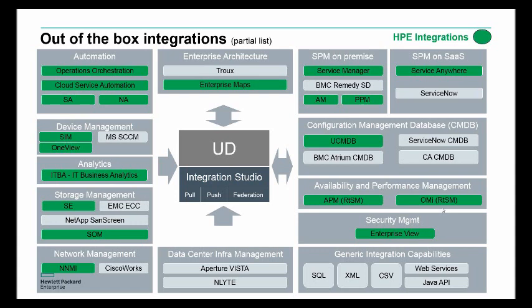So if vCenter or VMware ESX is in there, how many shares are you giving it for the CPU, and understanding how that particular system is set up. Virtualization and cloud allows you to talk to these environments, and I have a slide a little bit later that describes all of the different environments that we can talk with, and provide the topology for the virtualization environment behind what you see from the virtual server.